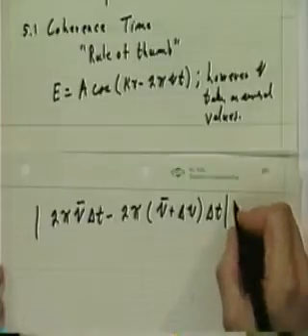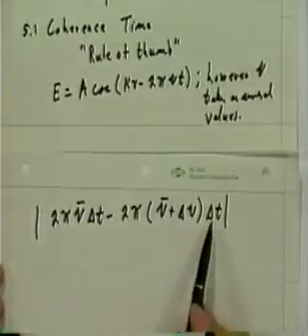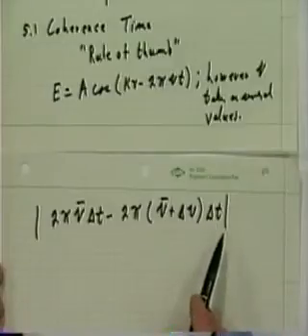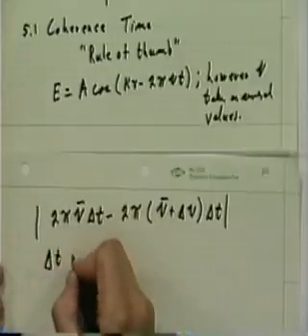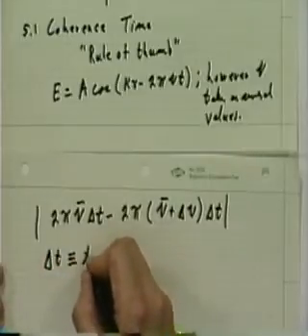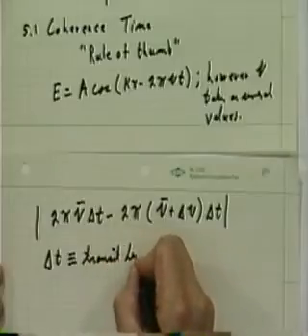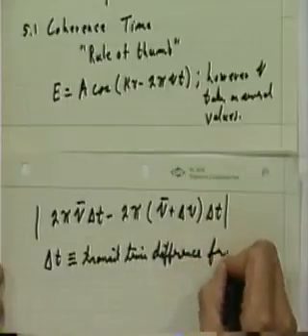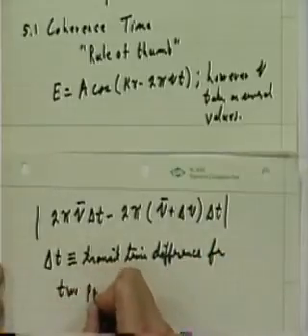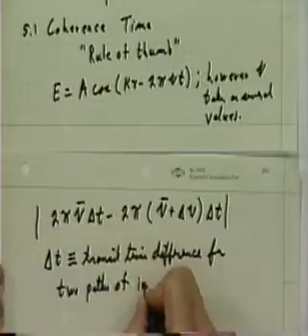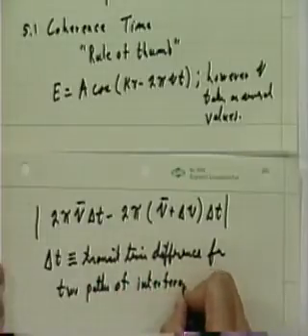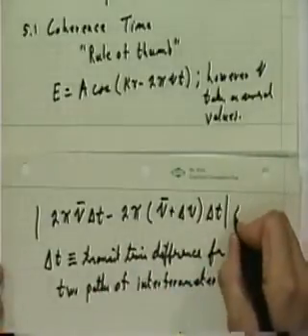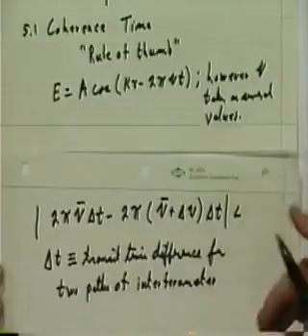And what we're going to say is we want delta t, the transit time difference for the two paths of the interferometer, such that this quantity here is less than, and we could argue what we want it to be less than.